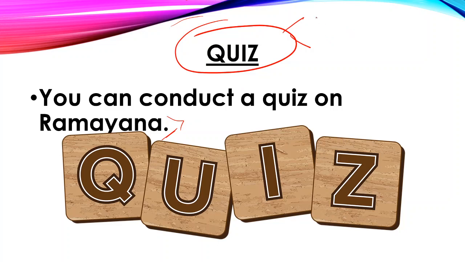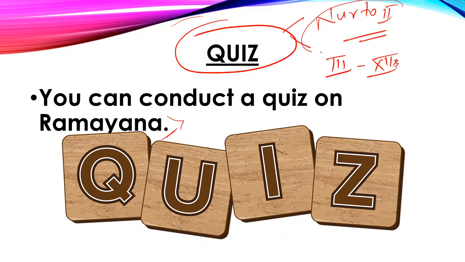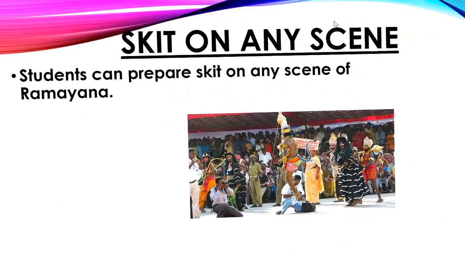So for quiz, you have to make the sections, like for class nursery to second you have to make a simple quiz, and for higher classes from 3rd to 8th or 12th you have to make a normal quiz. So for nursery to second you can take easy questions, and for class 3rd to 12 you can take the normal questions. Now move on to next activity.